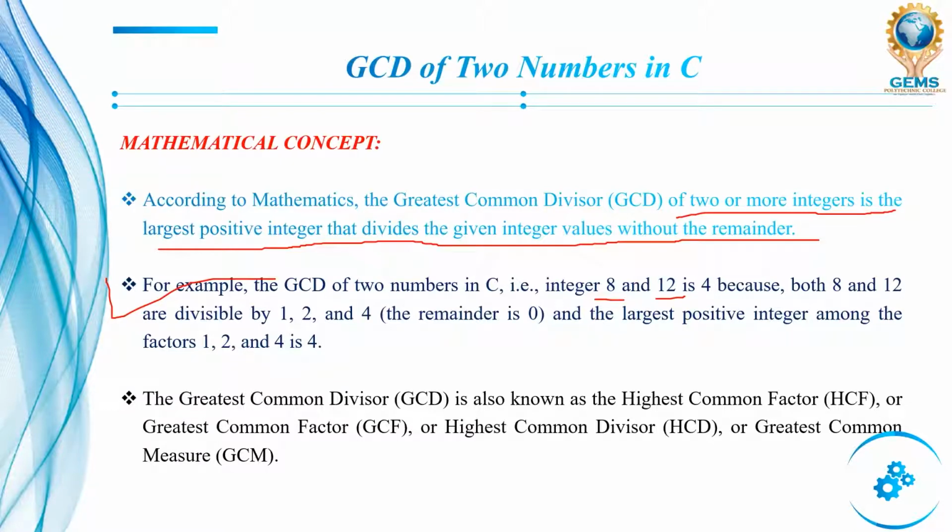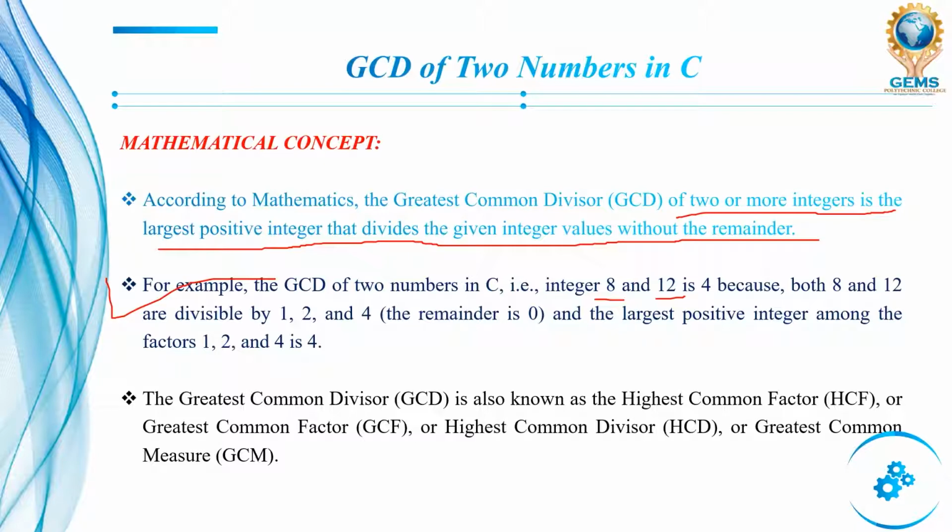That means the remainder will be 0. When we divide 12 by 4, the remainder should be 0. When we divide 8 by 4, then the remainder will be 0. If the remainder is 0, then we can say that the number is a factor of the given number.